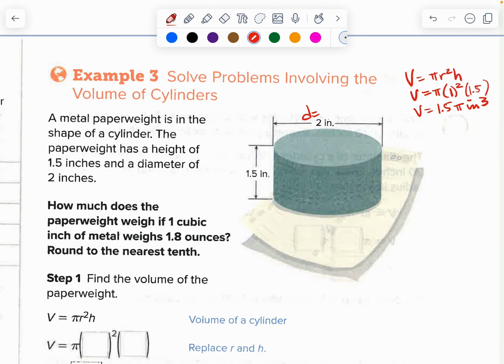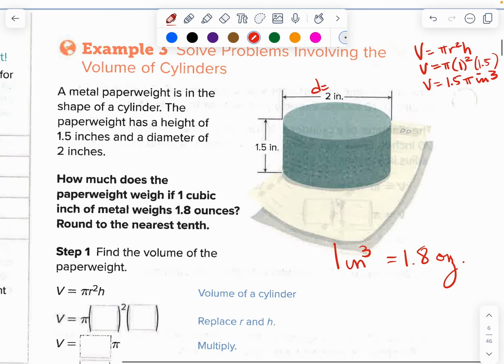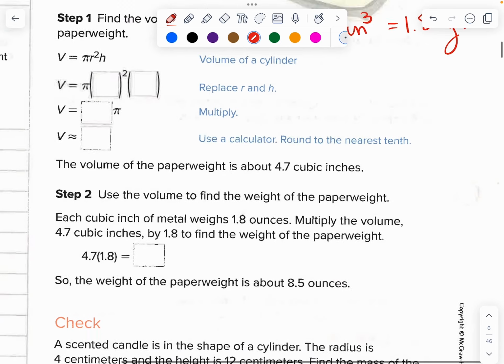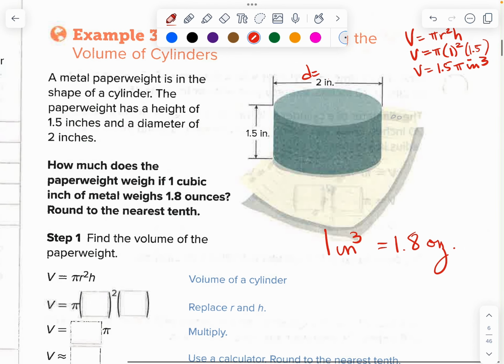How much does the paperweight weigh if 1 cubic inch of metal weighs 1.8 ounces? So 1 cubic inch is equal to 1.8 ounces. Okay, so what I'm going to do in order to find this is take 1.5 pi and multiply that by 1.8.